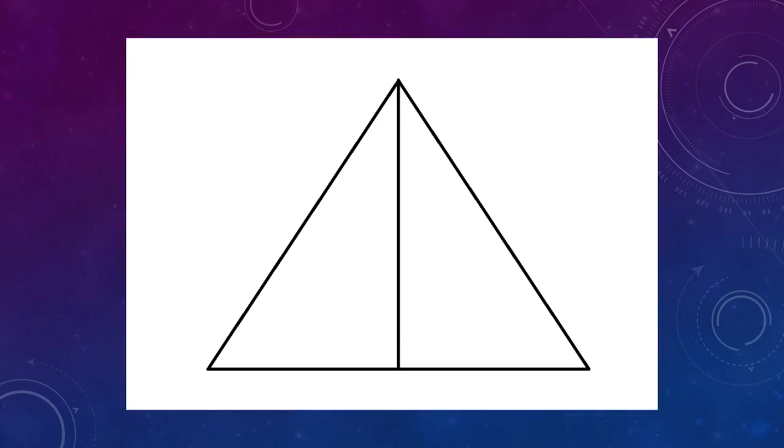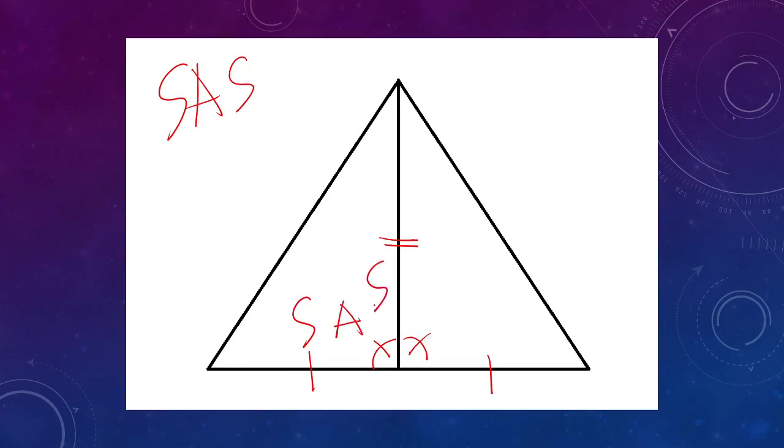Let's have another one. I'm gonna have this one is congruent to this, and this congruent to this. What's the third congruent part? Reflexive side. And what postulate is this? Side angle side. SAS.